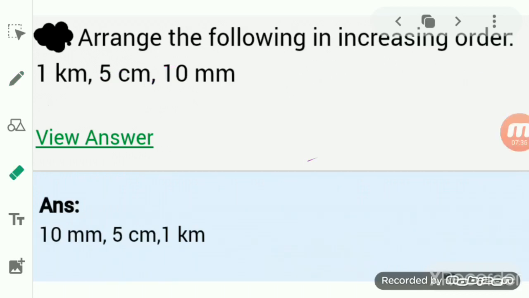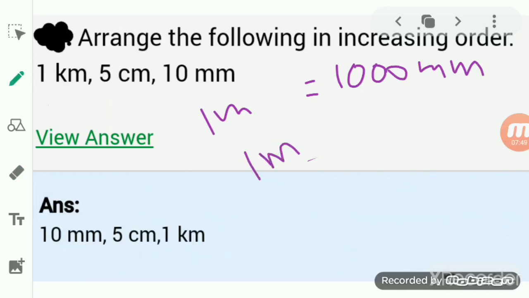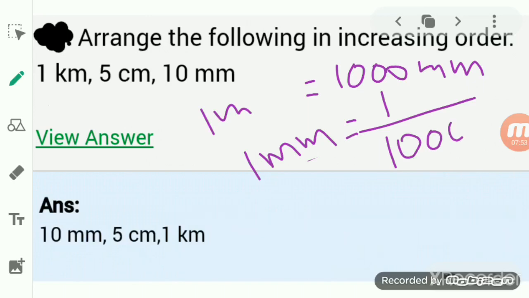So now we know that 1 meter is equal to 1000 millimeter, and the opposite of that is 1 millimeter is equal to 1 by 1000 meter.